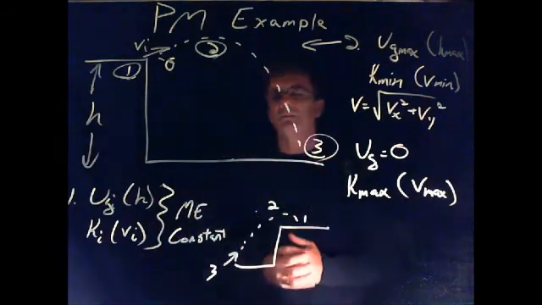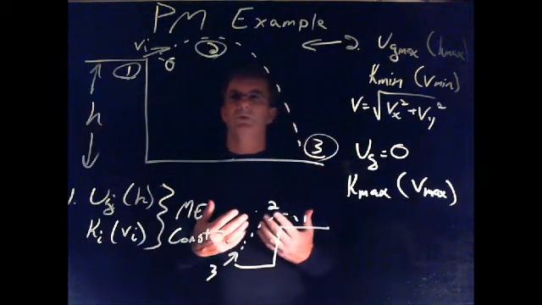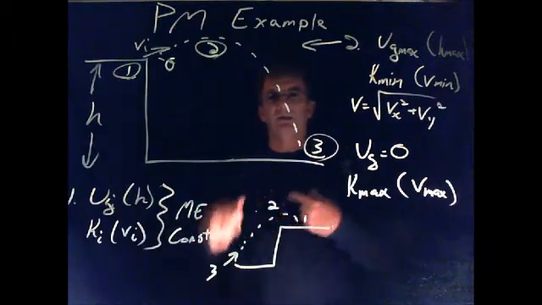Let's look at a more common example with 2D motion and energy, and that gets into circular motion. When we're dealing with circular motion in the energy aspect, there are a couple of somewhat unique things to keep in mind.